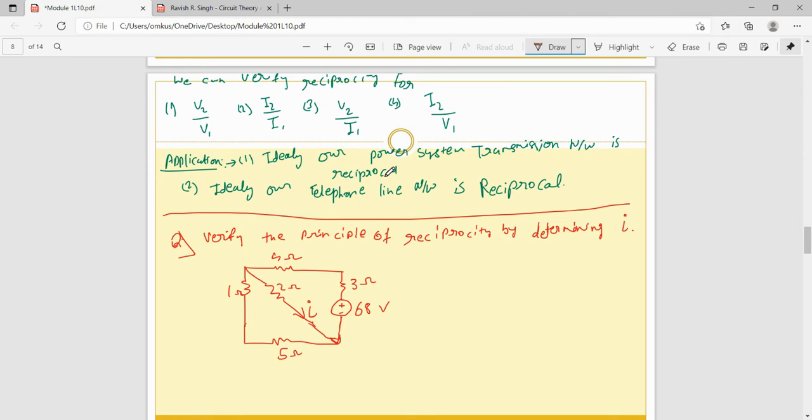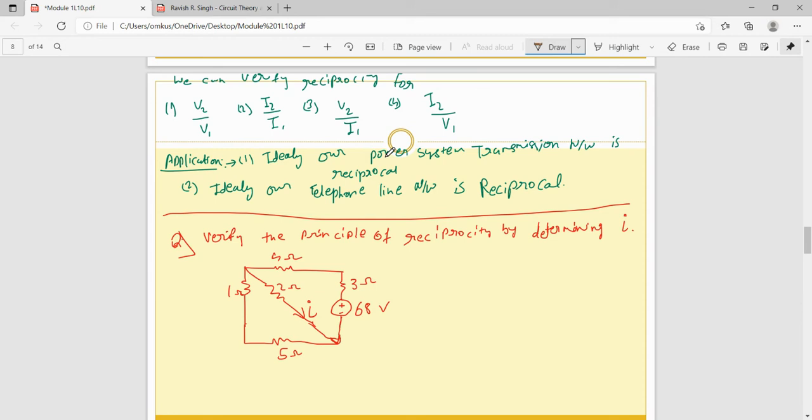In our transmission, the transmission lines are passive elements, right? जो भी ट्रांसमिशन लाइन होती है ट्रांसमिट करती है पावर, वो पैसिव एलिमेंट पैसिव नेटवर्क होती है, लीनियर पैसिव बायलेटरल नेटवर्क होती है। So you can also transfer the power from both the ends, okay. ऐसा नहीं है कि आप एक ही एंड से ट्रांसफर करोगे तो दूसरा एंड आपको लोड ही कनेक्ट करना होगा। In some cases if such a situation arises, you can transfer power from the second end also and consume power at the first end. So this is a passive bilateral network. So this comes under our reciprocity theorem, right?